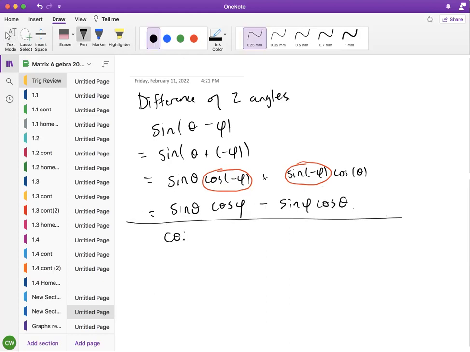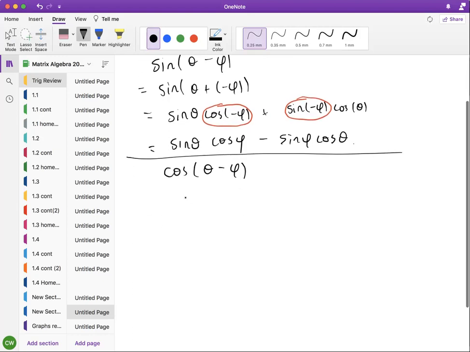So for cosine, do the same thing. You treat it as adding the negative, and we have cosine of theta, cosine of negative phi, minus sine of theta, sine of negative phi.